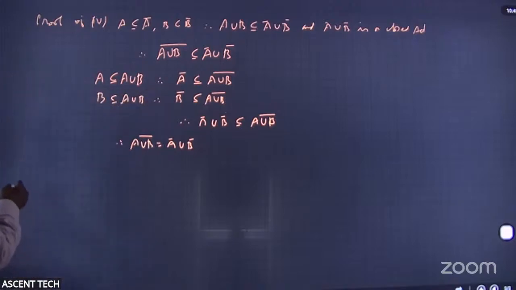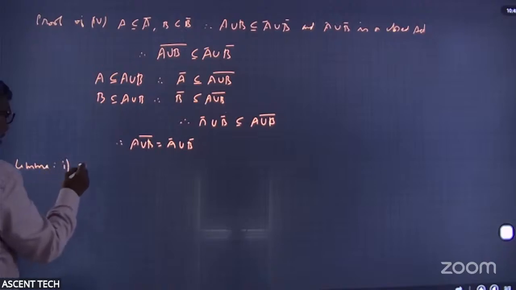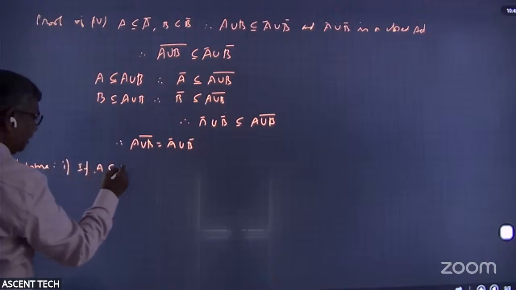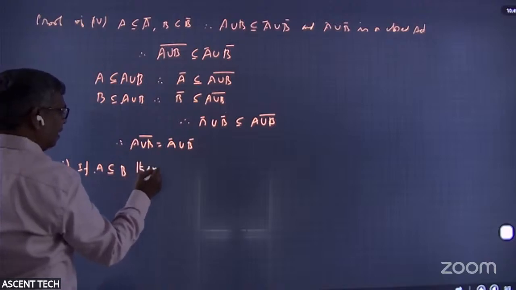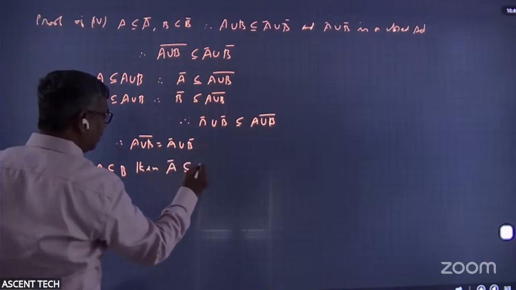So here is a small lemma, not a very big thing. I can add a couple of things. One, if A is contained in B, then A bar is contained in B bar.